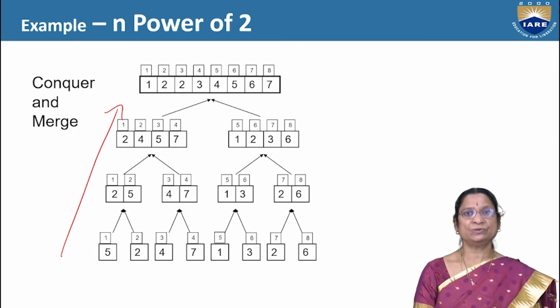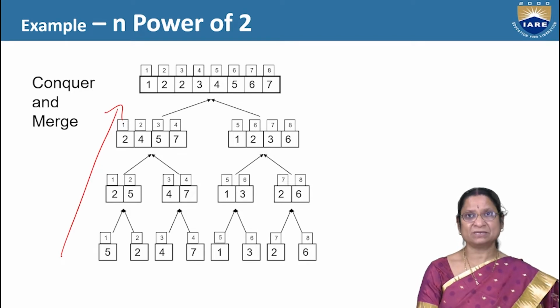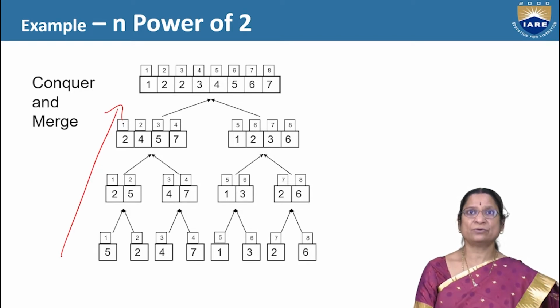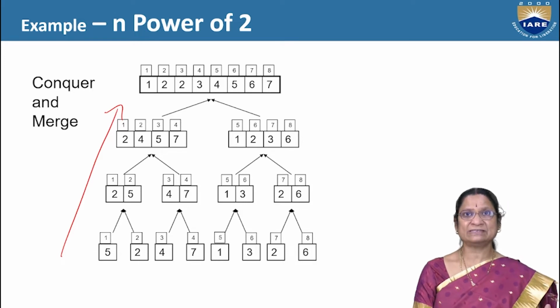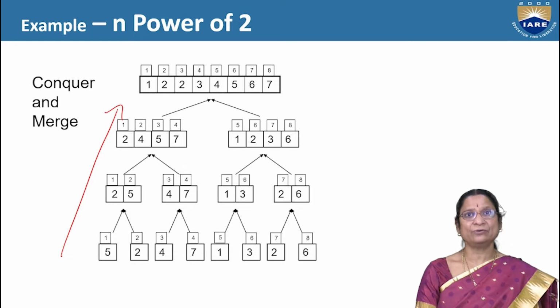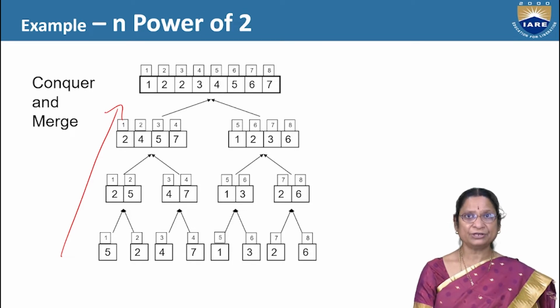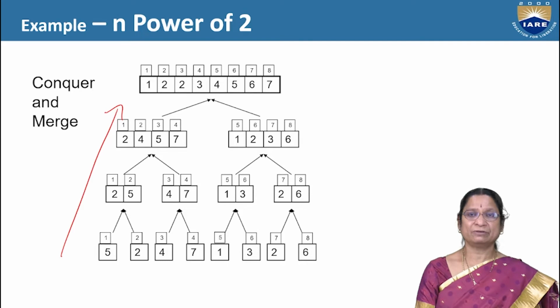Two consecutive subsequences must be merged. Conquer and merge. Conquer means each of these sublists is already in sorted order. 5 is in sorted order, 2 is in sorted order, because one element means it is sorted only, no? So we are going to merge these values by 2 consecutive sublists.